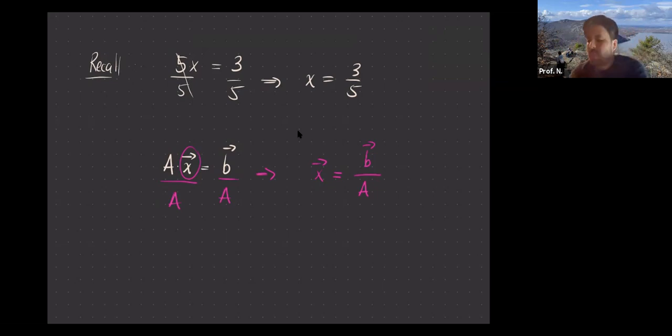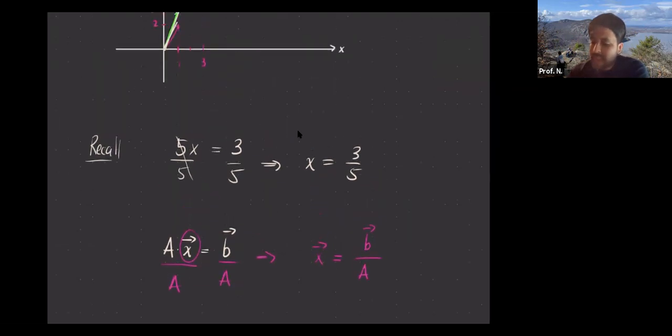The idea is, in reality, when I did 5x equals 3, what I did was I multiplied by the multiplicative inverse of 5. I really did this: 5 to the negative 1 power, and I really multiplied this by 5 to the negative 1 power. And what happens when you multiply a number by its multiplicative inverse? The word multiplicative inverse implies you're undoing multiplication.